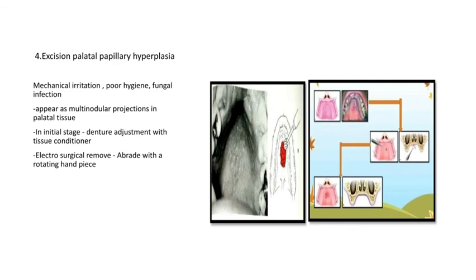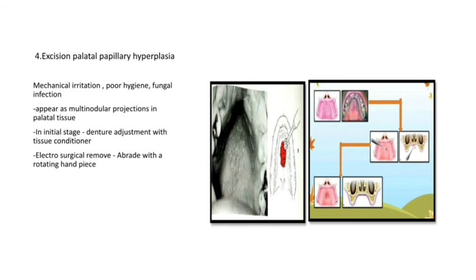In the initial stage, denture adjustment with tissue conditioner, electrosurgical removal, or a bur with a rotating handpiece is used.